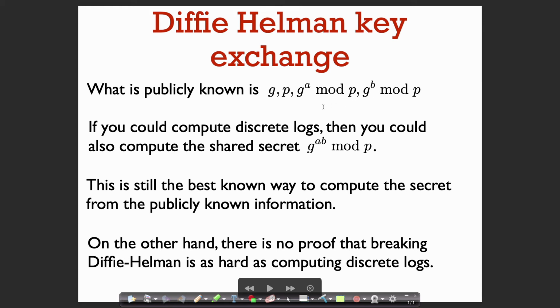Now if you could compute discrete logs, then from seeing Alice's message, you could compute a, and from seeing Bob's message, you could compute b, and then since you know g, you could just yourself compute g to the power a times b.